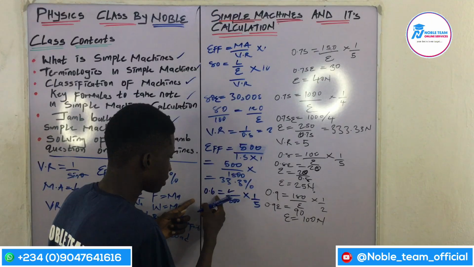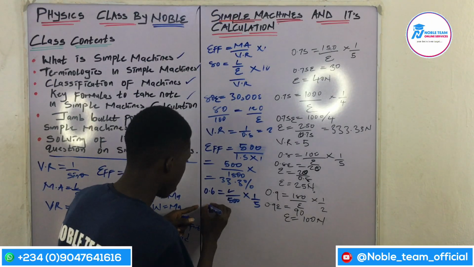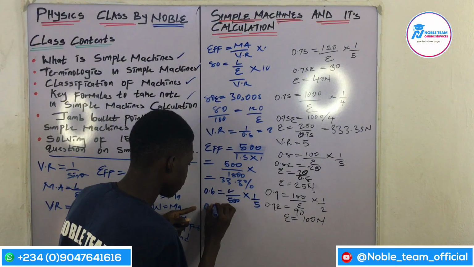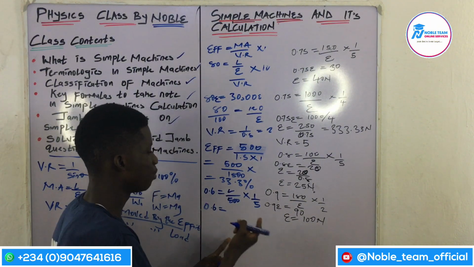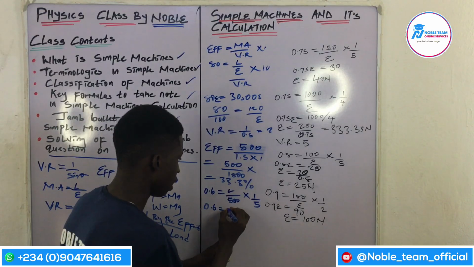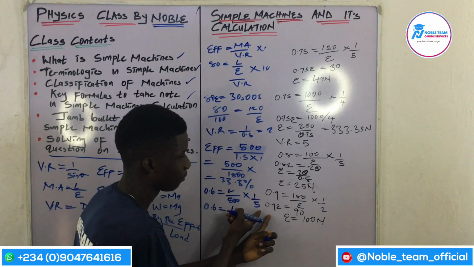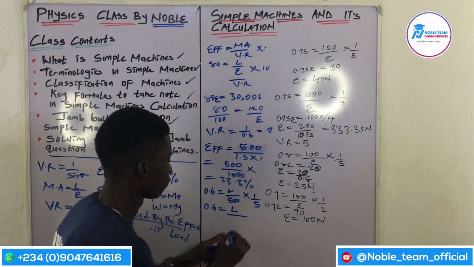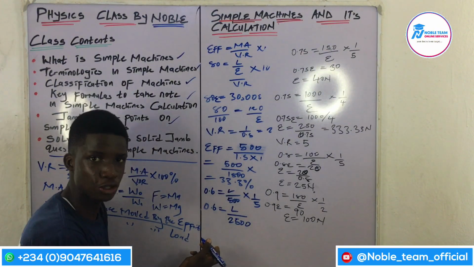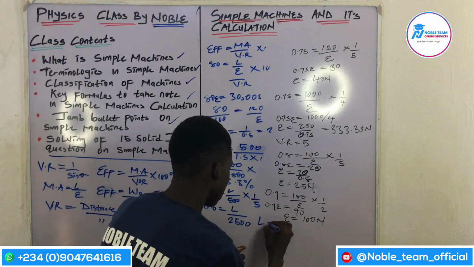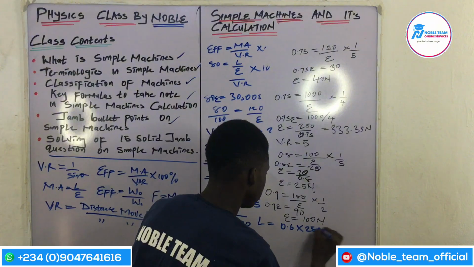Now for 0.6, this is what I'm going to do for you to get your answer fast. Before you do cross multiplication, I have L over 500 multiplied by 5, which will give me 2500. Then you cross multiply, which is L is equal to 0.6 multiplied by 2500.